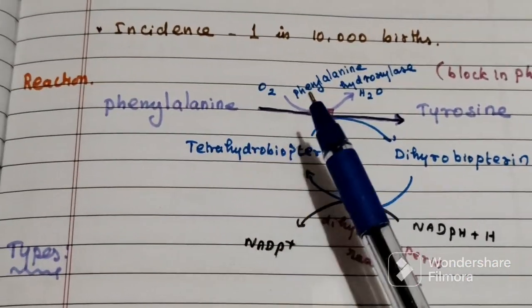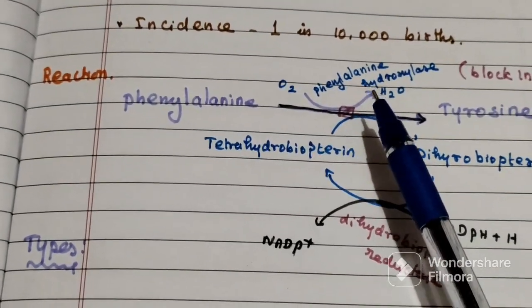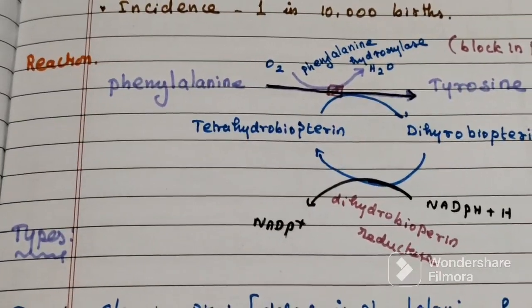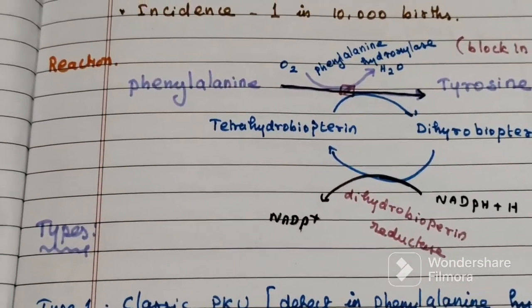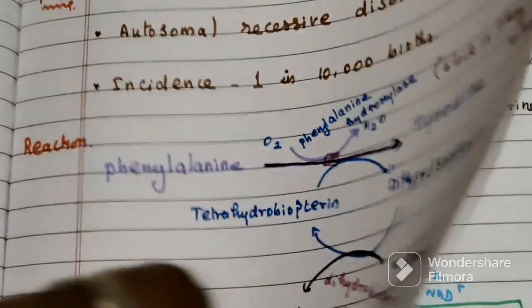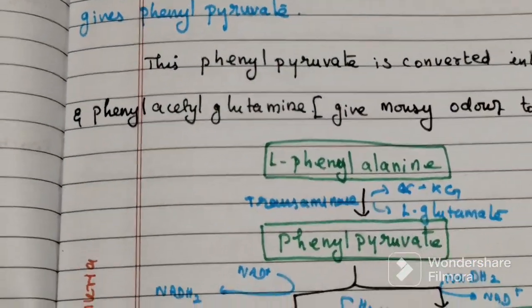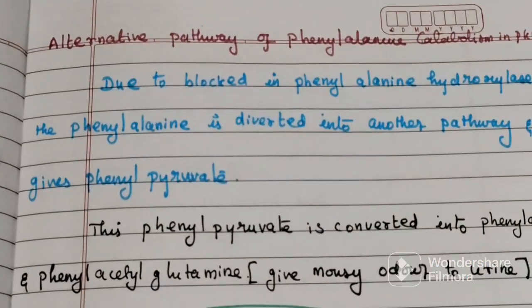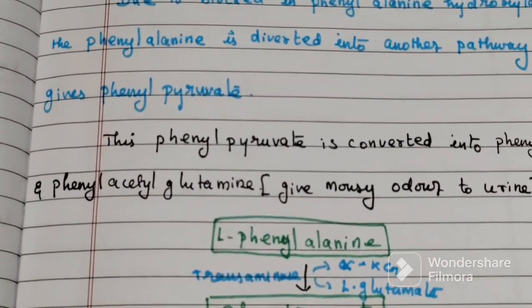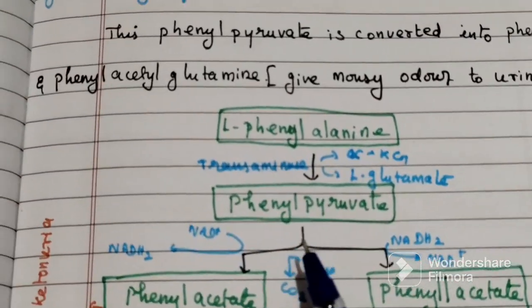Due to the lack of the phenylalanine hydroxylase reaction, phenylalanine is diverted to another pathway and gives phenylpyruvate.